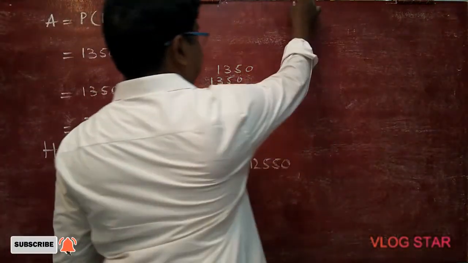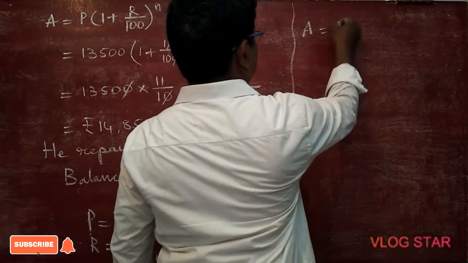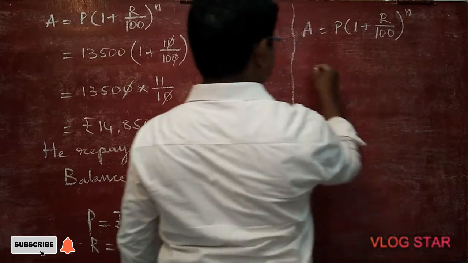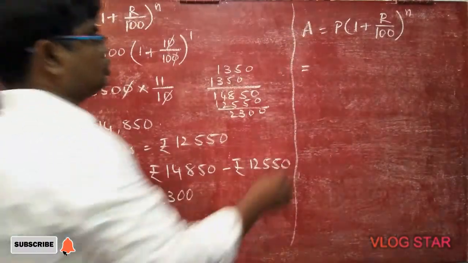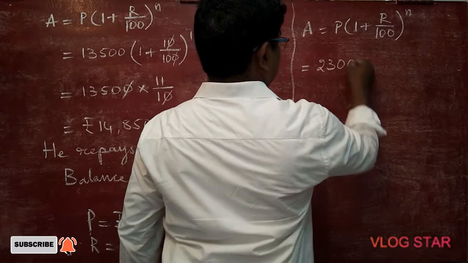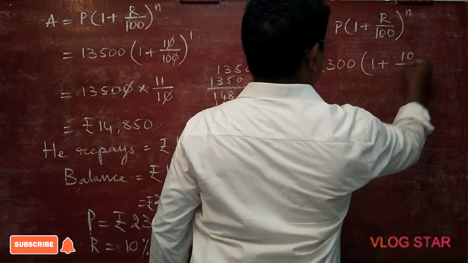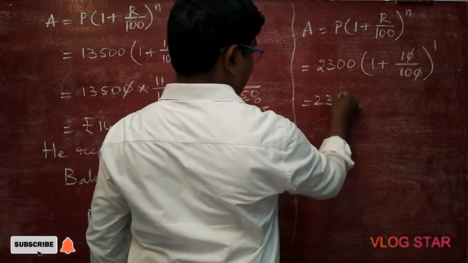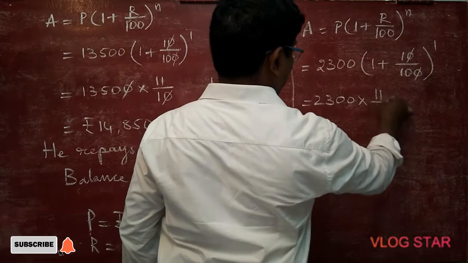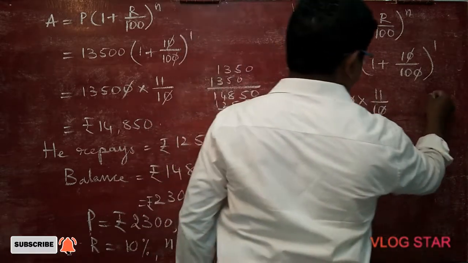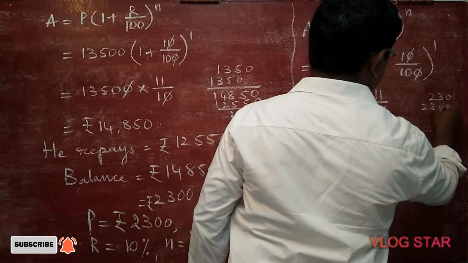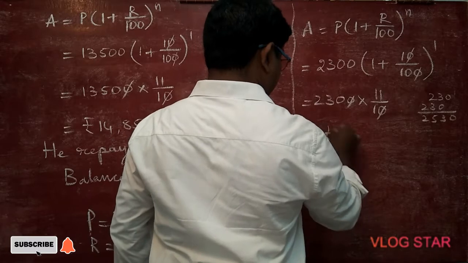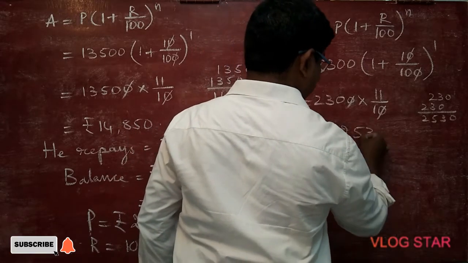Now the amount formula: P into (1 plus R by 100) whole power N. The principal here is 2,300 into 1 plus 10 by 100 whole to the power of 1. 0, 0 cancels. 2,300 into 11 by 10. 0, 0 cancel. 230 into 11 gives 2,530.